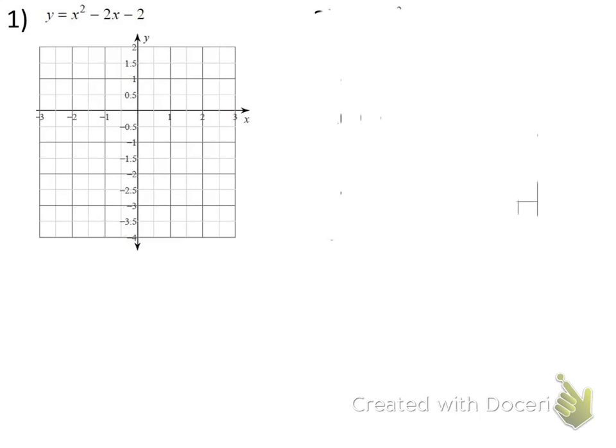We have y is equal to x squared minus 2x minus 2. So a is equal to 1, b is equal to negative 2, c is equal to negative 2. The first thing you still have to do is find negative b over 2a.